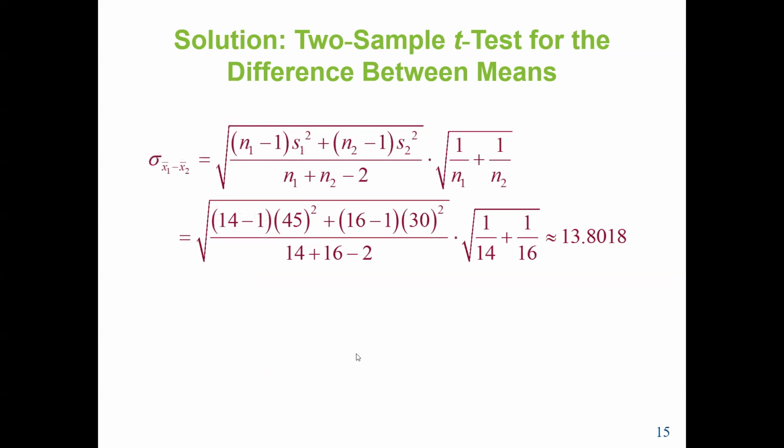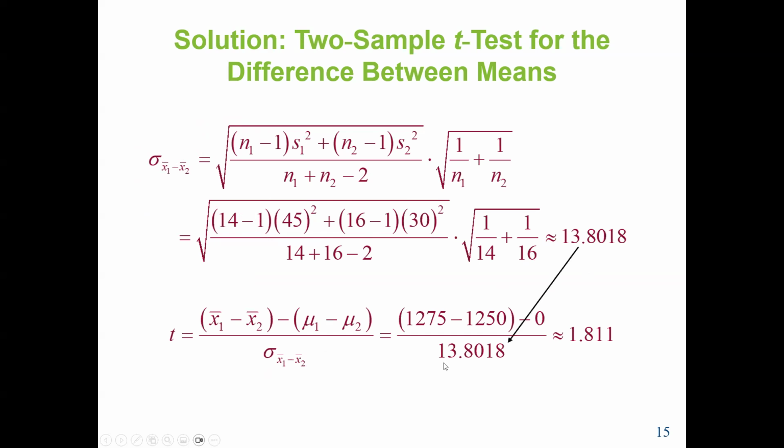Now we can calculate our test statistic using the formula given to us. We know N1, we know N2, we know S1, S2. So we plug in all the values. And when we do our calculation, we get 1.811 for the t-value. So let's see the region where it falls.